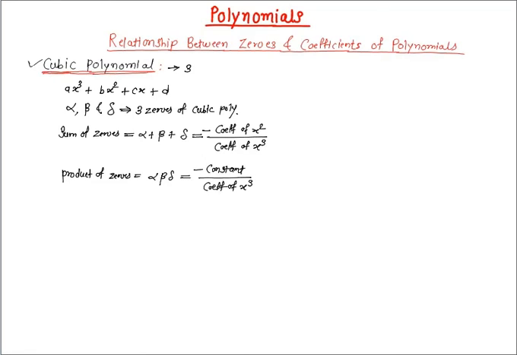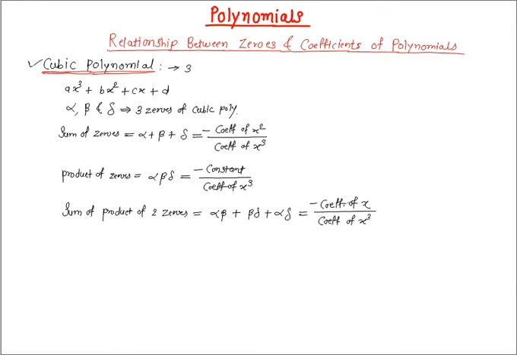And since there are 3 zeros, you will find one more relation, that is the sum of product of 2 zeros taken at a time. That is, alpha beta plus beta gamma plus alpha gamma, means we take the product of 2 zeros and take the sum of those, will be coefficient of x divided by coefficient of x cube. We will be taking questions based on this concept while doing the exercise.